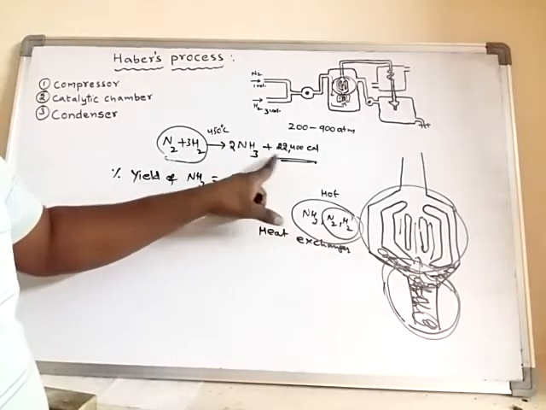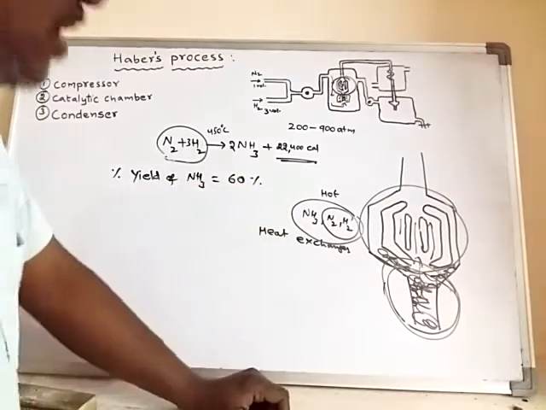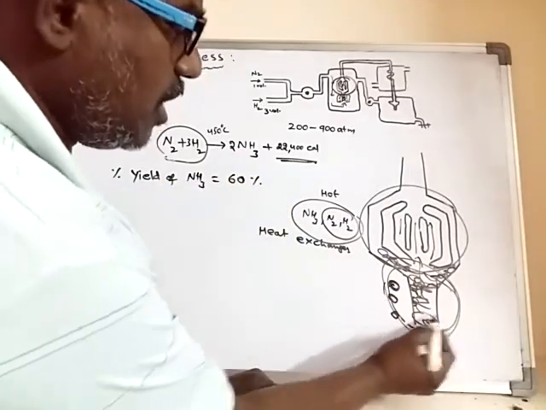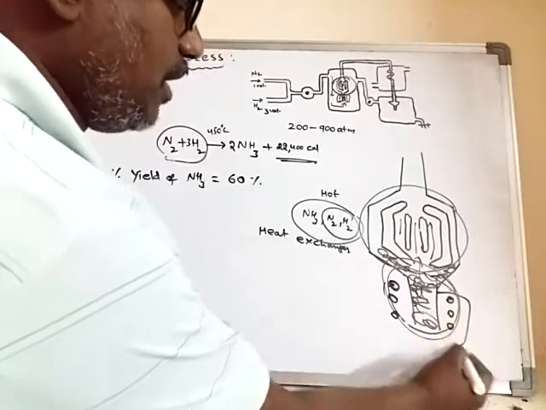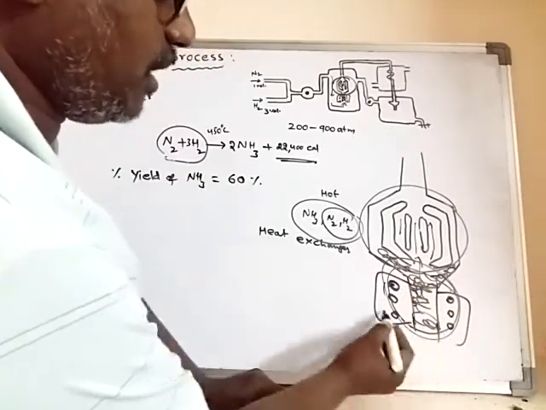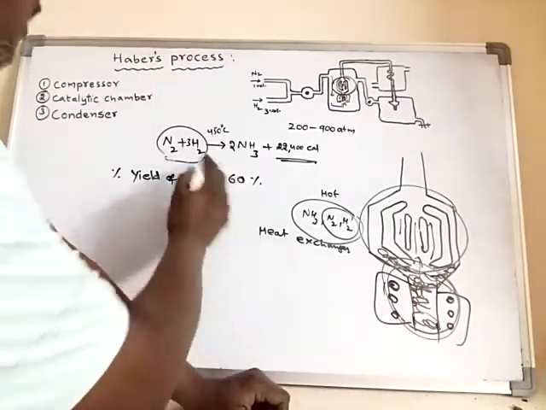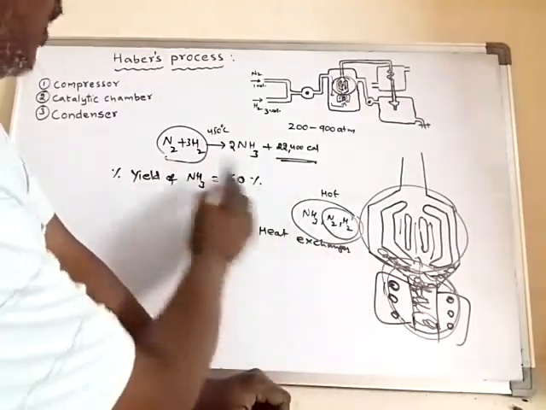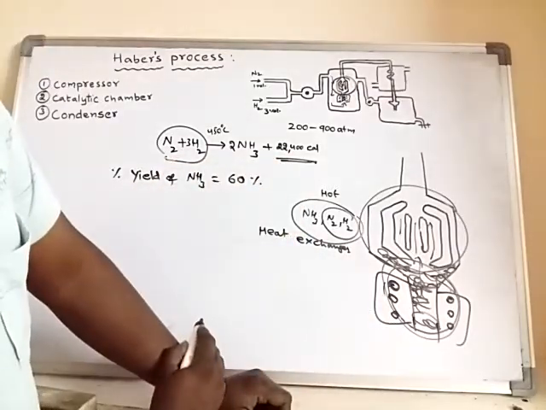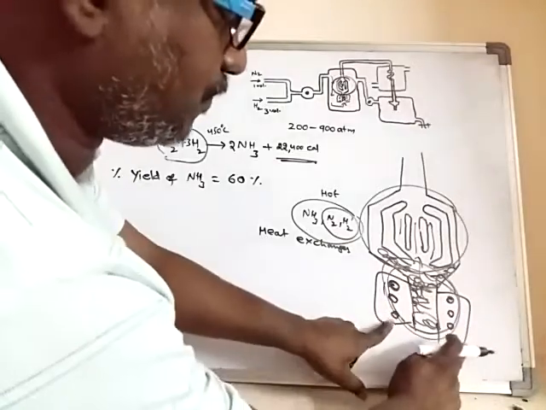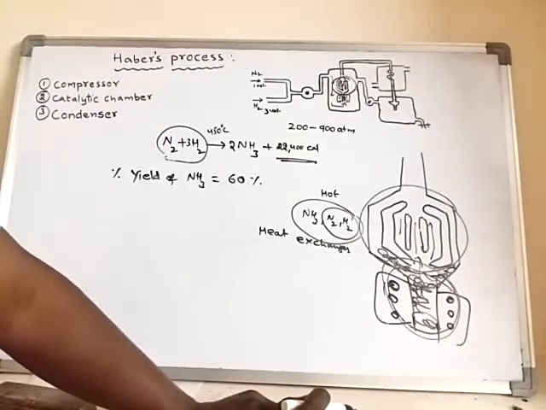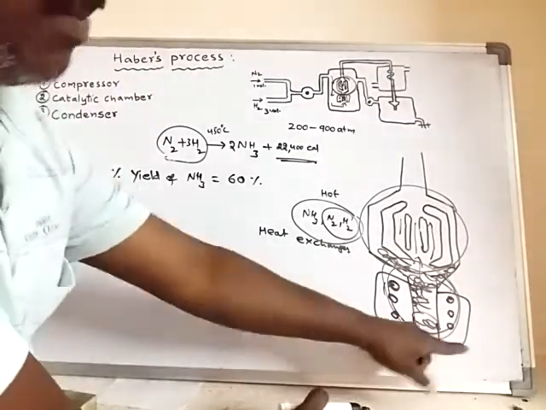As it is an exothermic reaction, there is a heating coil. We will heat initially. At the beginning we will heat, but after the reaction has occurred for a certain time, we will stop heating with the help of the heating coil.